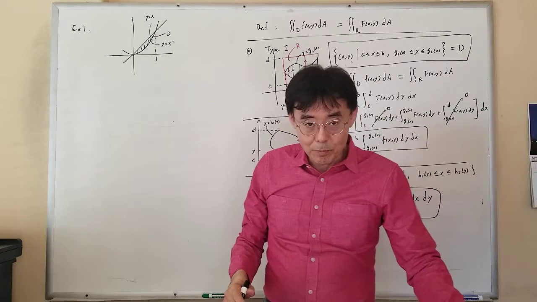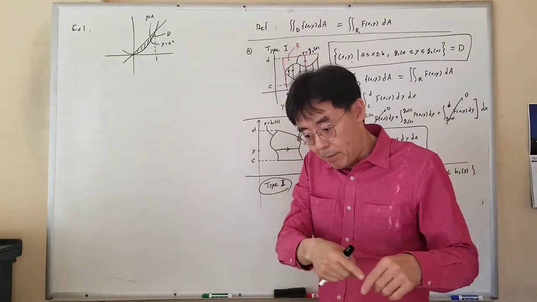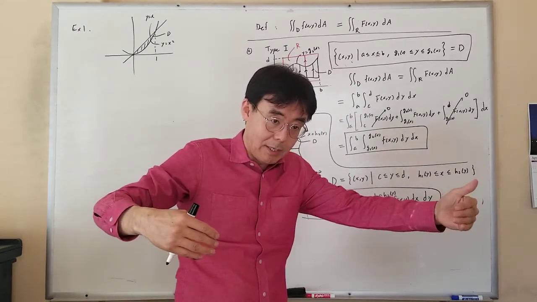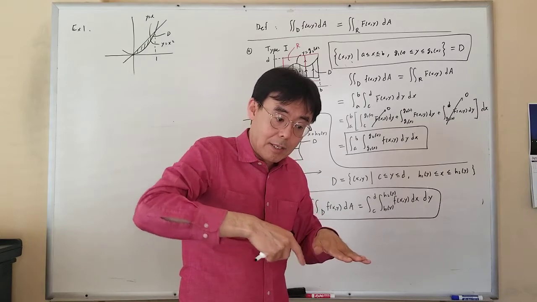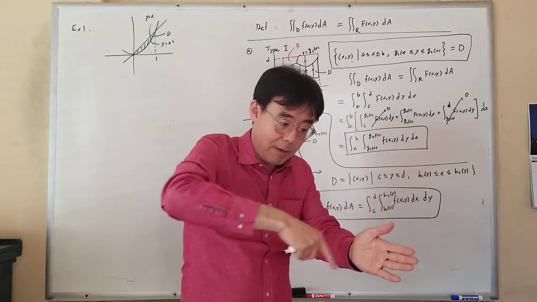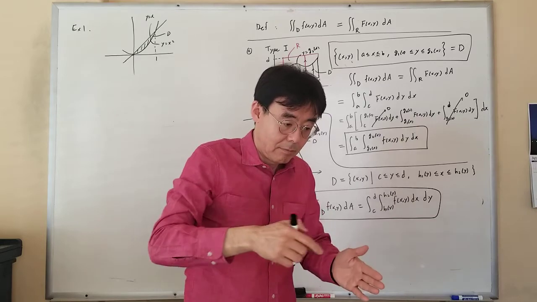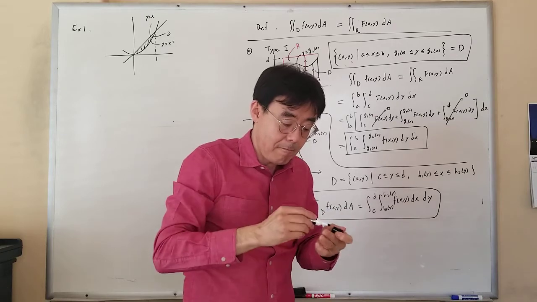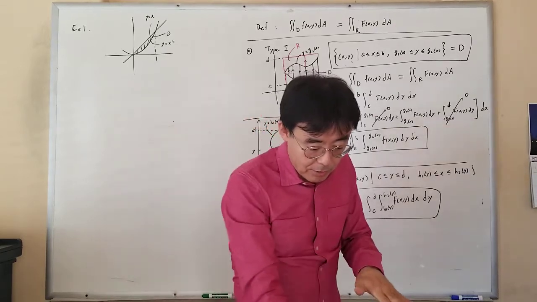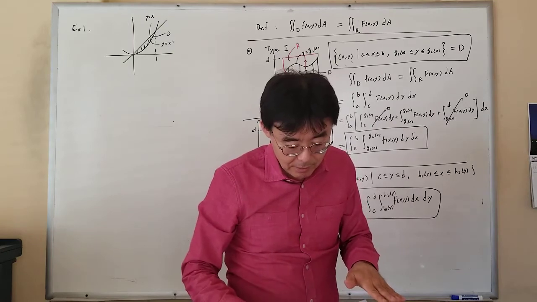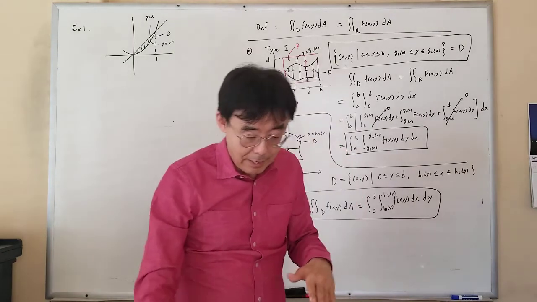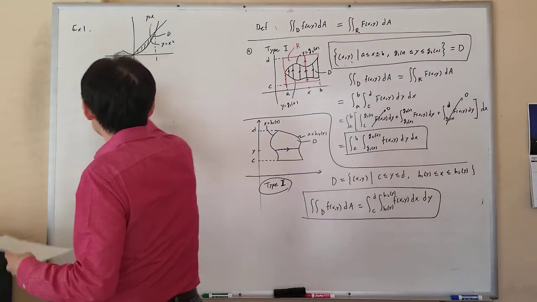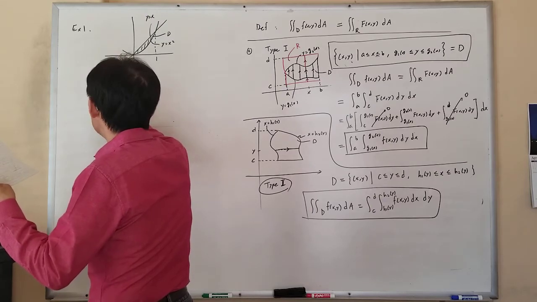So if you look at it, positive x and positive y, this is the xy plane. Y equals x squared, y equals x. So you have kind of a first-quadrant moon shape. And above this and below what? Under the plane z equals 2x plus y.